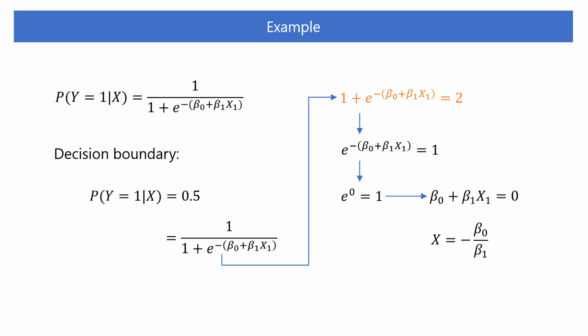This fraction equals 0.5, so the denominator equals 2. Thus, the exponential function part equals 1. In the context of exponentiation, if e raised to the power of n equals 1, n should be 0. So, beta 0 plus beta 1 x1 equals 0, and x is minus beta 0 divided by beta 1.